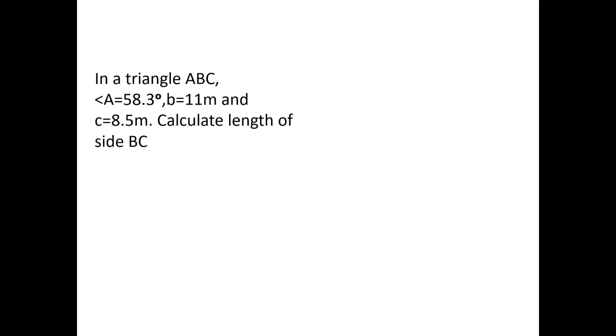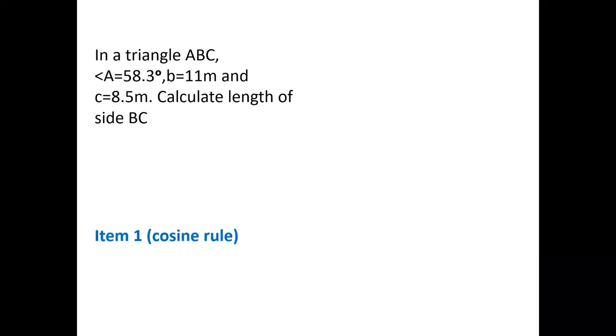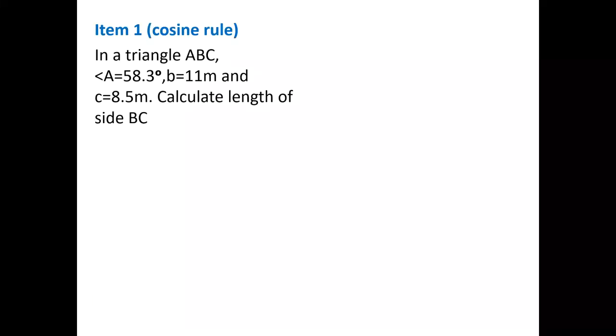And also we have here another example about cosine rule. First of all, they are saying that here we have our triangle. Here we have A, then here I have B, and here I have C. They are saying that angle A is 58.3 degrees.